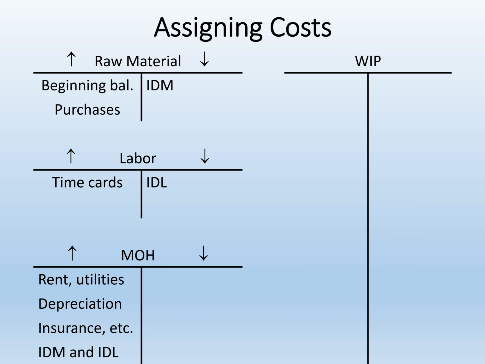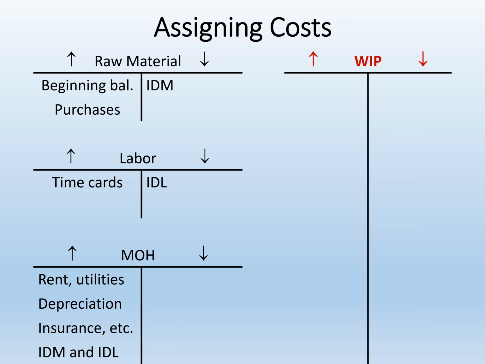While costs are being accumulated on the debit side of the raw materials, labor, and manufacturing overhead accounts, they're also being used for production. In a job order firm, as production costs are used, they go into work in process.